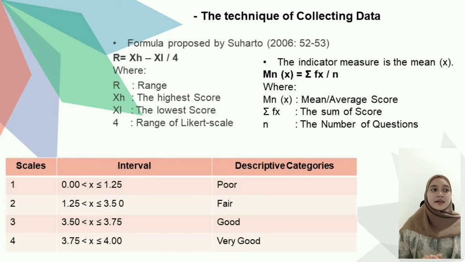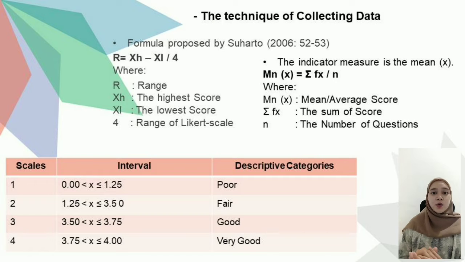Okay, the next slide. The result of the questionnaires was calculated by using the formula proposed by Suharto, 2006, the technique of collecting data. And you can see the picture.